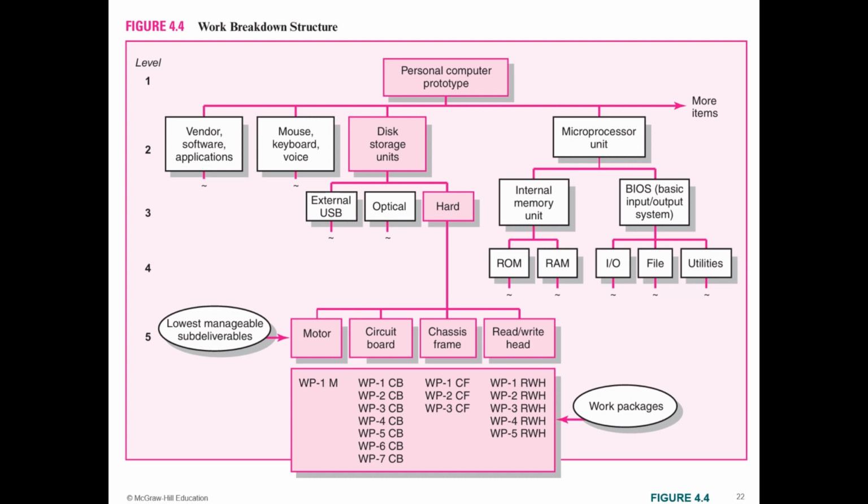Levels 2, 3, and 4 are suitable for middle management, and level 5 is for first-line managers. Each sub-deliverable requires a work package that will be completed by an assigned organizational unit. Each deliverable will be successively divided in this manner. It's not necessary to divide all elements of the WBS to the same level. The lowest level of the WBS is called a work package.